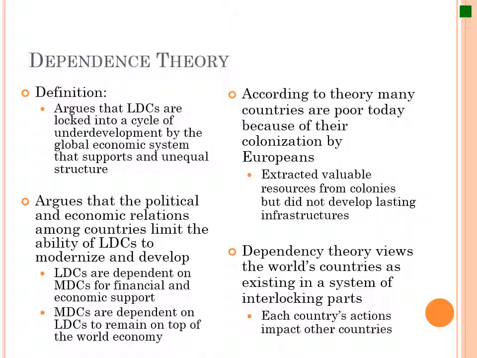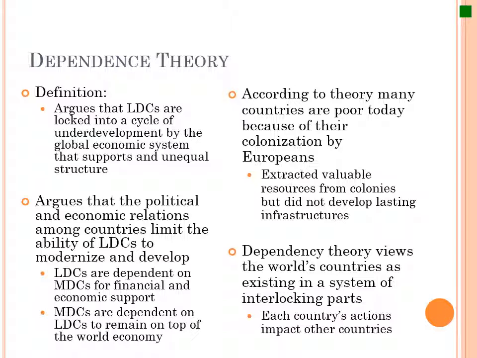So again, the dependence theory argues that LDCs are dependent upon MDCs for financial and economic support, but the MDCs are dependent on the LDCs to be on top, because without the LDCs they wouldn't have a source of raw materials, markets for their goods, or a place to get labor and put their factories.